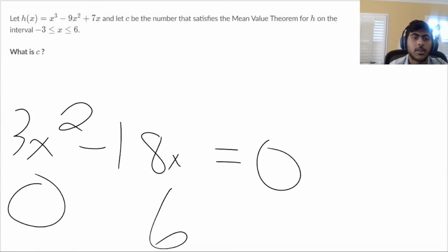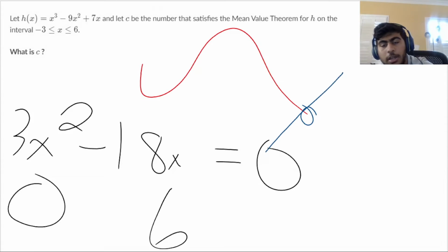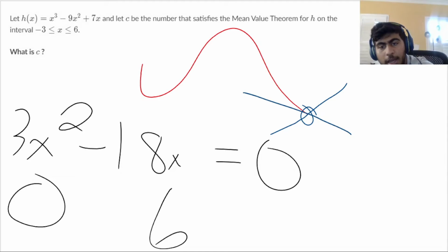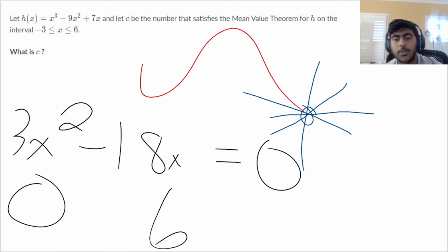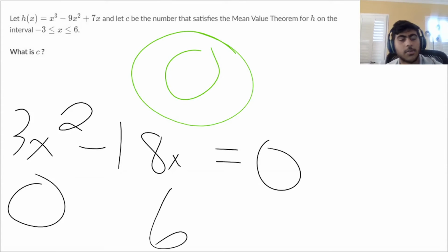Like, if you had a function that looks like this, you can't take the derivative on this endpoint right here because you don't know how it could have gone. It could have gone like that, or like that, or like that. That's why you don't use the endpoint. You use the other one that's not an endpoint, which is 0.